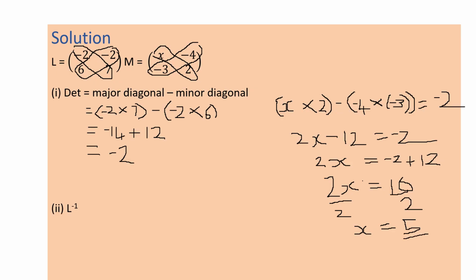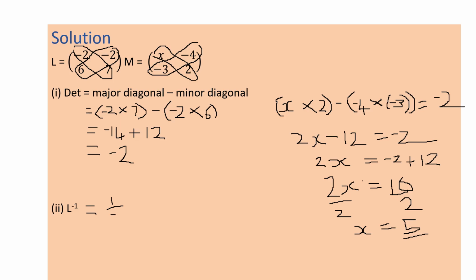We find the inverse of matrix L. So to find the inverse, first of all, we have to find the determinant. After finding the determinant, like what we have done here, we introduce the 1 on top of the determinant, which represents the inverse. So you say 1 over the determinant, which is -2.